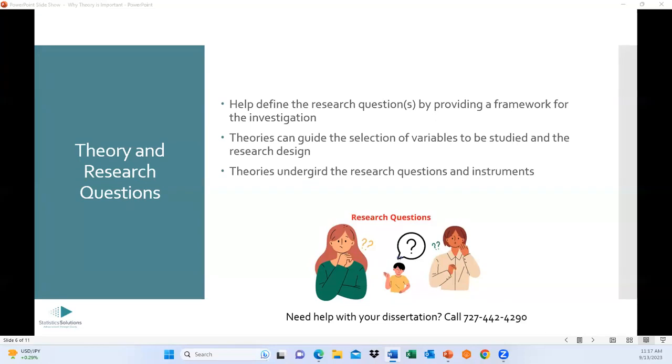So they can help define the research questions, as well as the components that you'll be studying, the variables. And they just generally undergird the research question and the instruments. Instruments are based on theory, surveys, instruments. They're not developed from nothing or just even previous research. They're often based on theories, the instruments themselves.